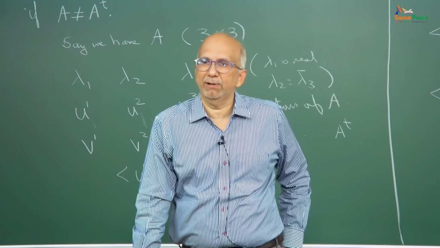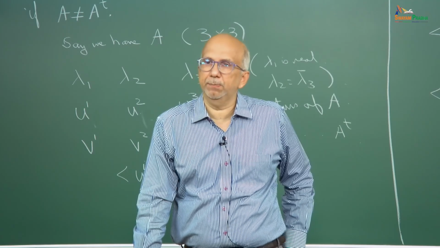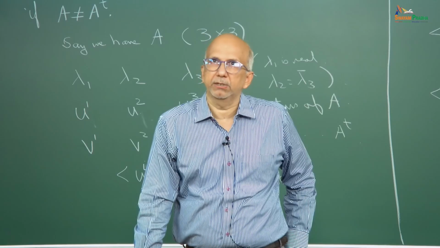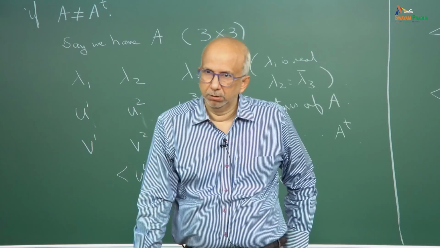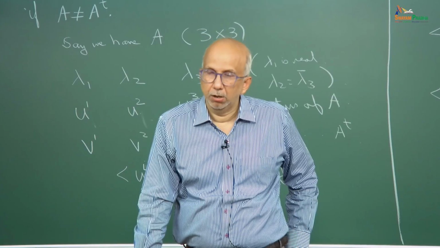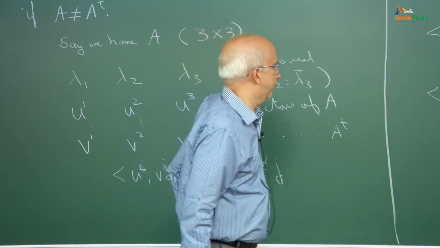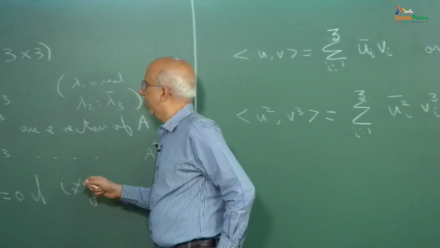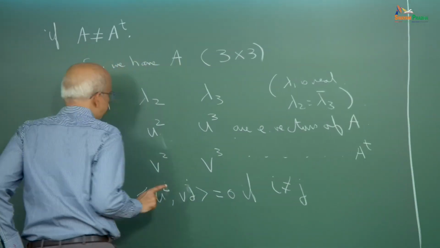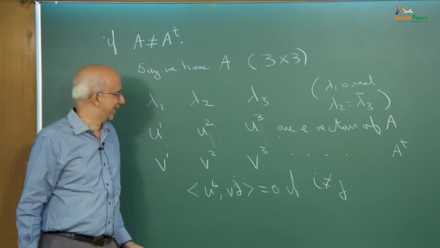Because there I was considering only the real case. The inner product is always with the complex conjugate only. No, no, sorry. Okay, I understand what you are saying. So it is a complex conjugate of this. You are right. Sorry, yeah.